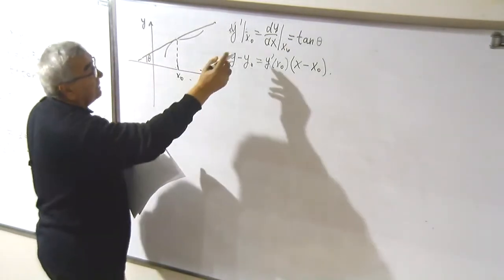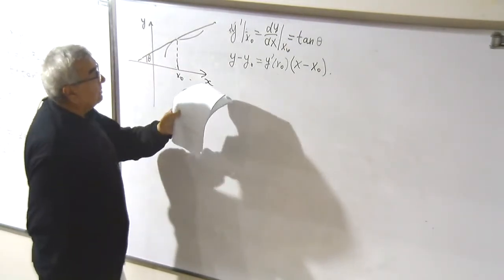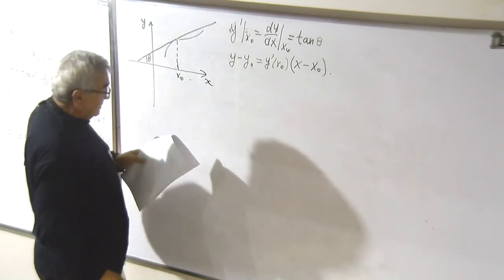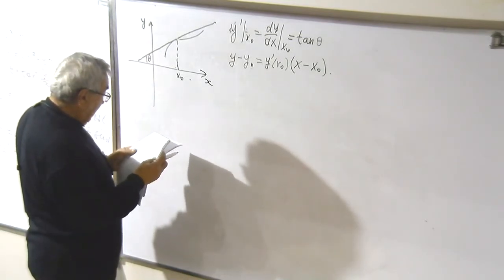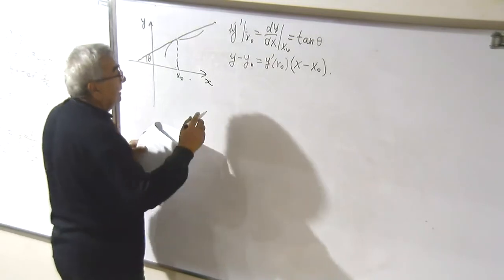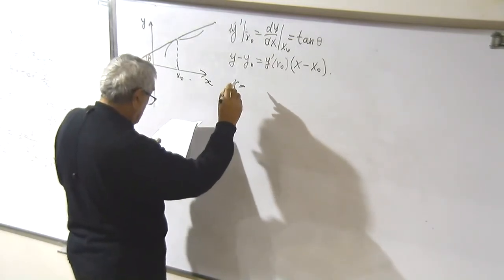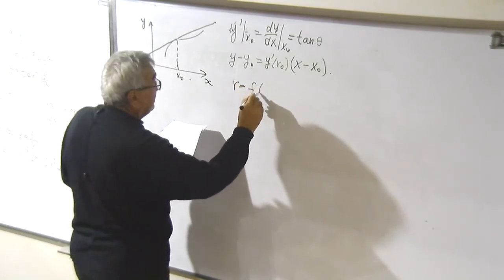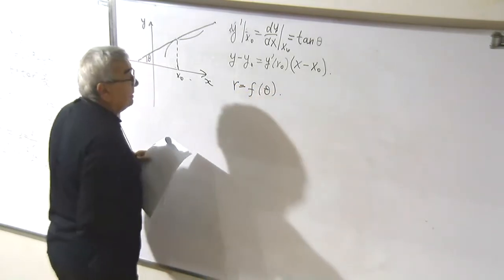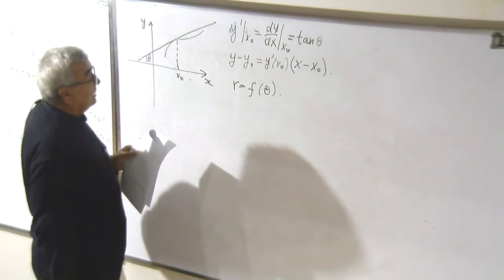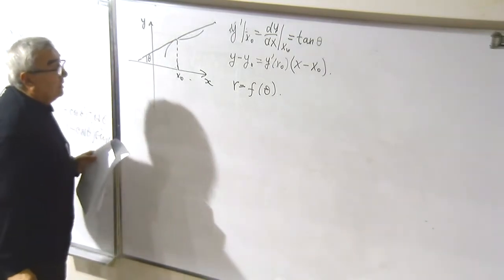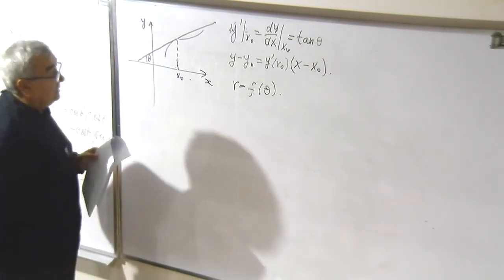That means we defined it in the Cartesian coordinate system. How do we find it if the function is given like this, r equal to f of theta? How do we find the slope for this case?